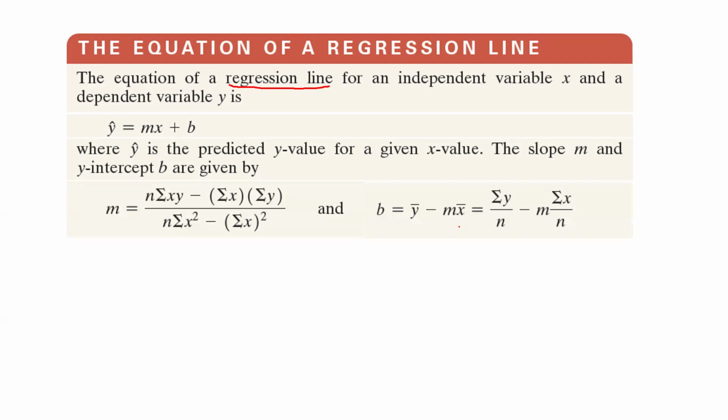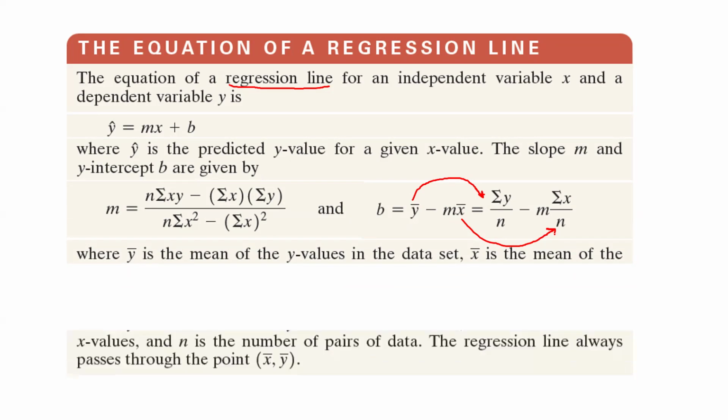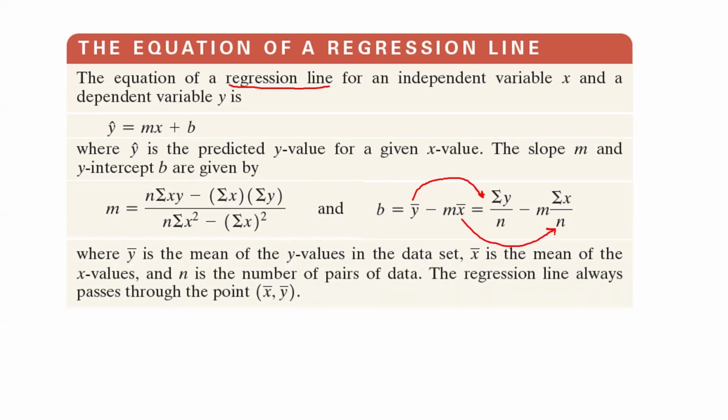And b is y bar minus m times x bar, but y bar is nothing but the average of y values, and x bar is the average of x values. Again, y bar is the mean of the y values, and x bar is the mean of x values. n is the number of pairs of collection of data that you have. The regression line always passes through the point x bar, comma, y bar.